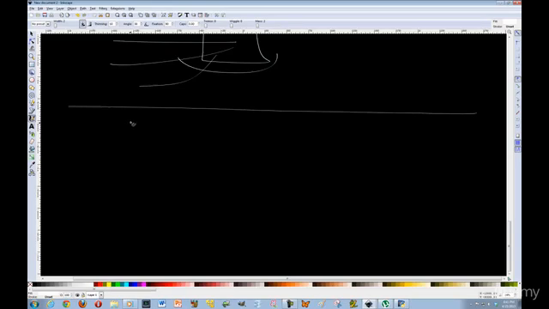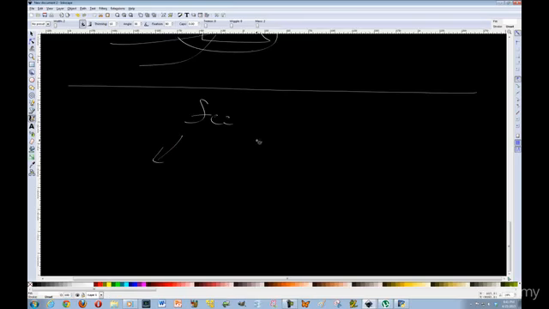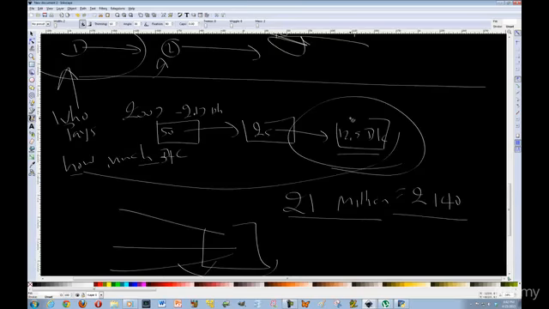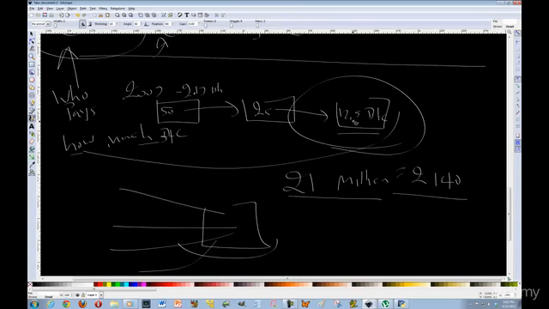To recap, the notion of transaction fee is basically front of line to back of line. And it's up to the miner and the software of the miner to decide what they want to process.